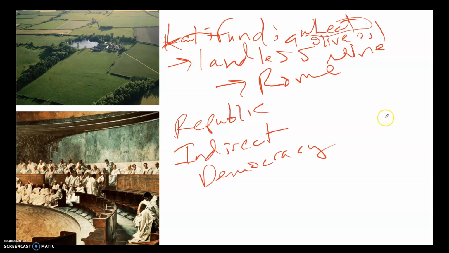These are male property owners, not women, not slaves, not foreigners, but males in that direct democracy of Athens. Rome is going to utilize an indirect democracy, which means you vote for people to represent you, to vote on issues. In the Senate, 300 senators, which is a lifetime appointment.